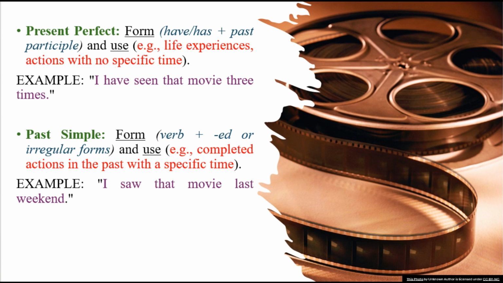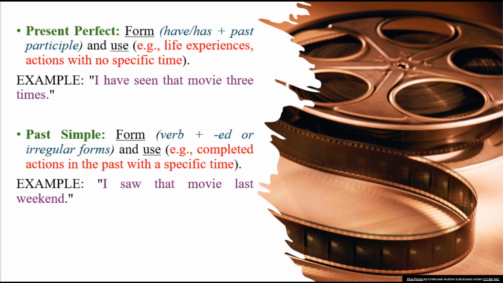The use of present perfect is in life experiences and actions with no specific time. Another way of explaining it is something that you have done in the past, but you might repeat in the future, or you might even be doing at the current moment. So it is not completely done.